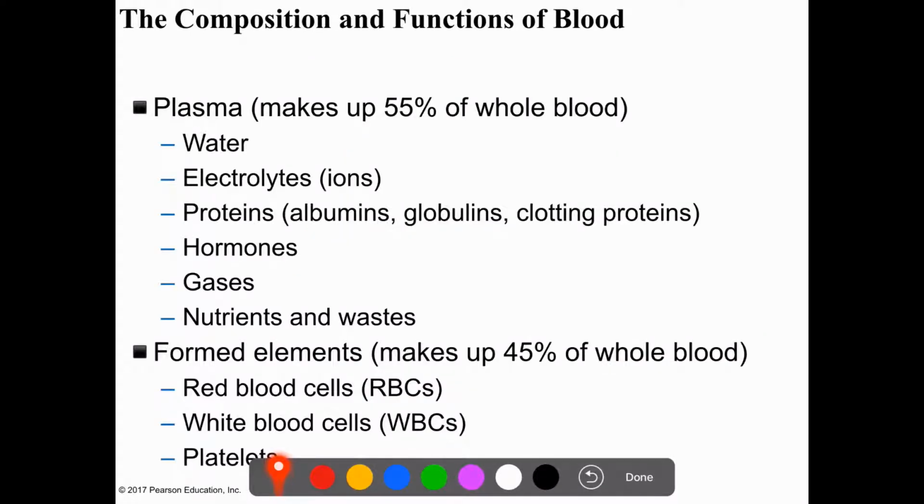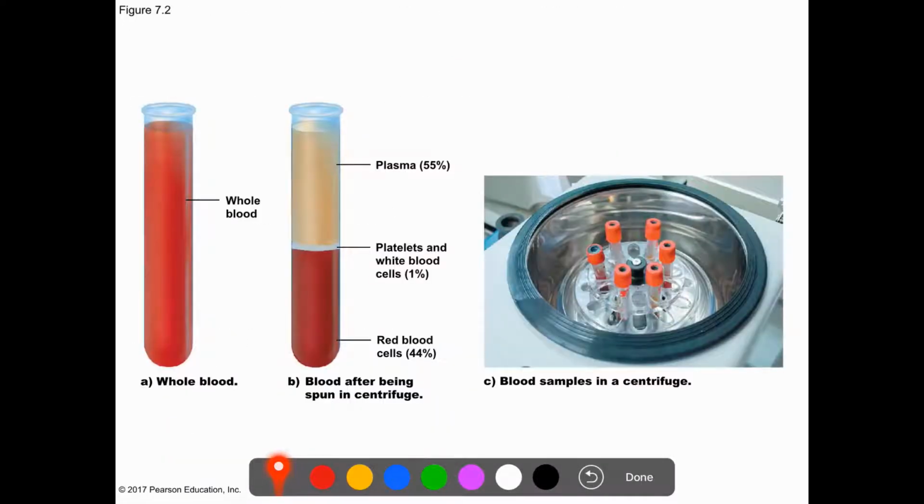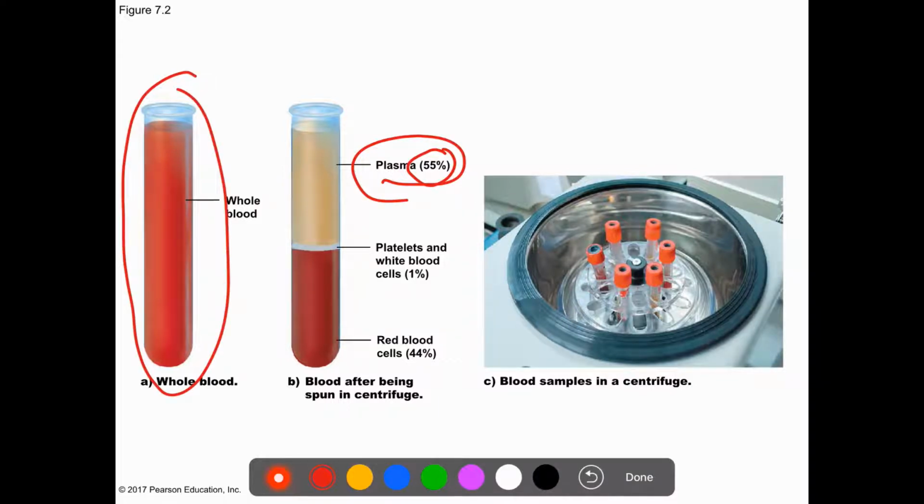Now, for the plasma, or the component of the blood, again we have the plasma. The plasma is making around 55% of the entire blood. So if we took blood in a tube and we spin it, we will end up with this distribution of components of the blood.